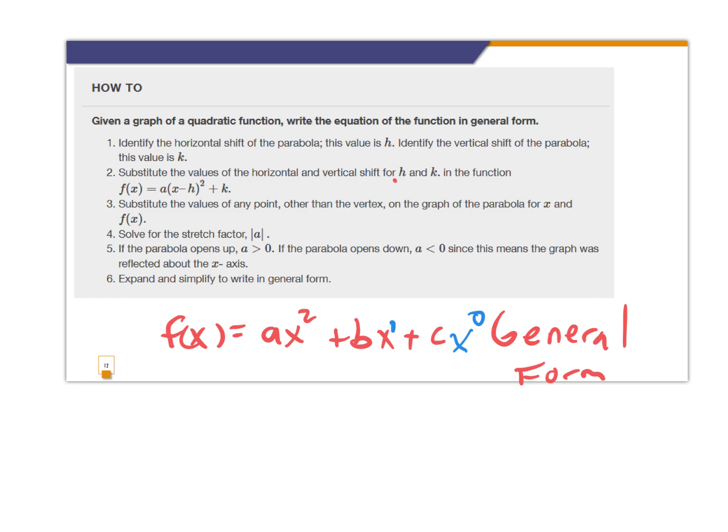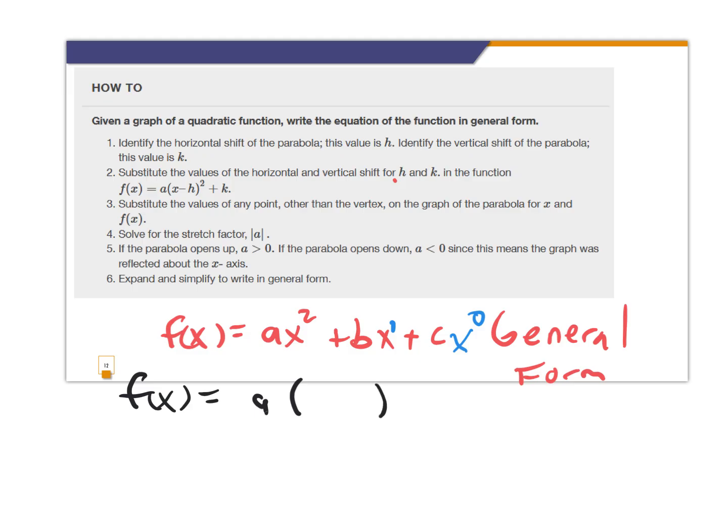But then every once in a while, and especially when we're doing this unit, we look at another way of looking at the same polynomial. And a is still in the front, but I have a set of parentheses.